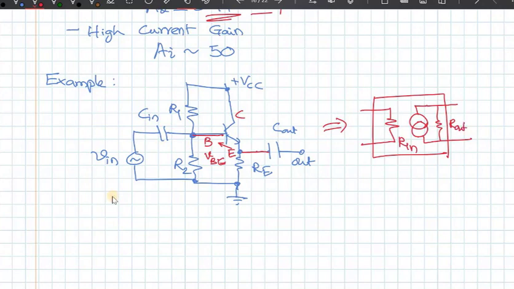So you can drive a load without actually loading the source. The input current that it draws is very small. I in is very small, whereas I out can be large. So this is why this is used.